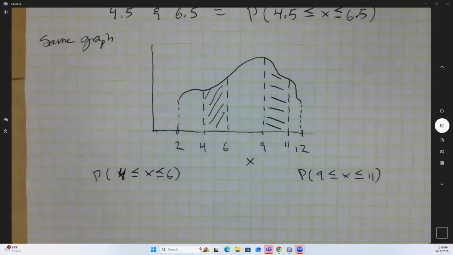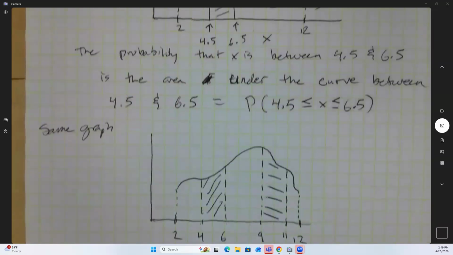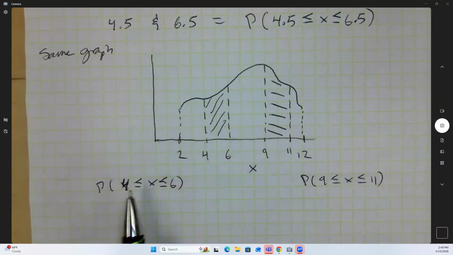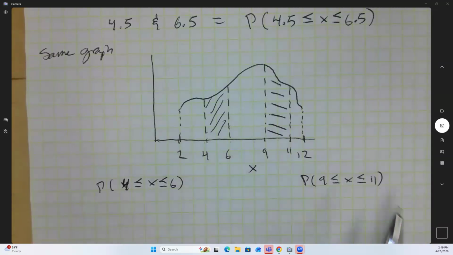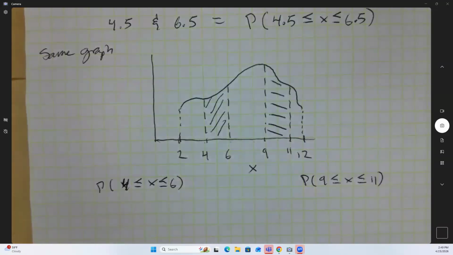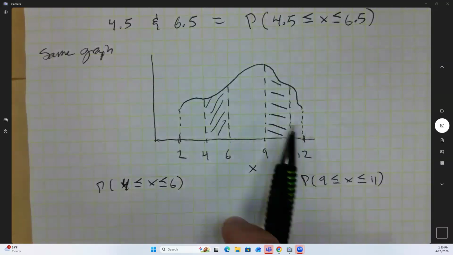Should be in your notes. The area from one number to another. Yeah, a probability is an area. So which of these probabilities is bigger? The 4 to 6, or the 9 to 11? Why do you say 9 to 11? Because the area is bigger.